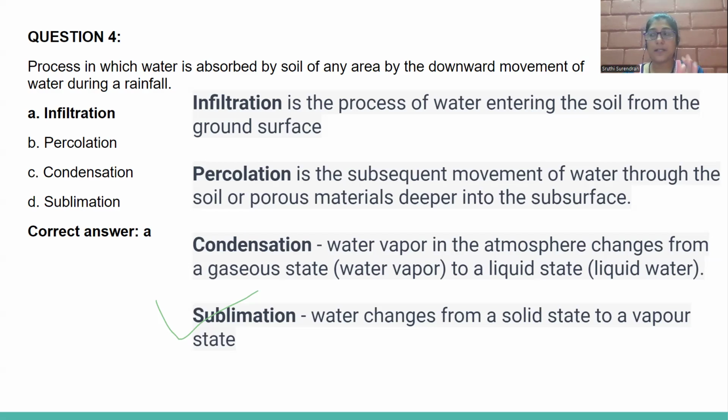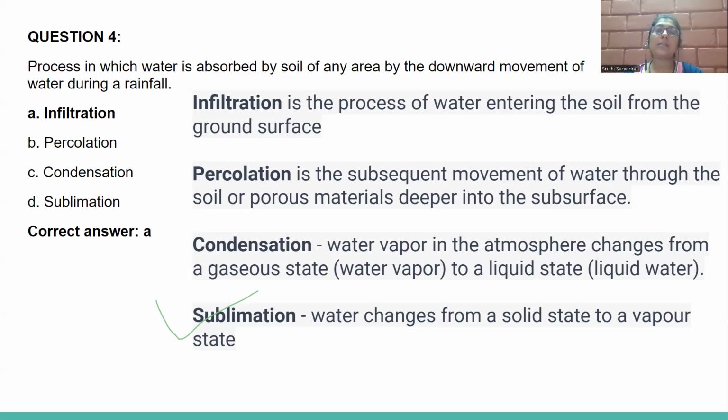So the difference between infiltration and percolation is that percolation is the process where the water that has undergone infiltration, reaching the subsurface of the soil, travels further deeper down into the earth. That process is called percolation.